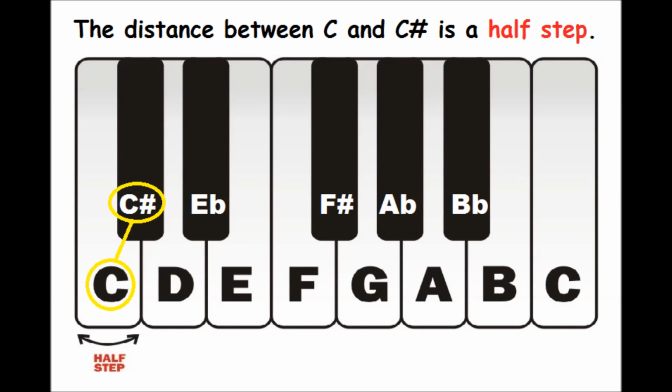For half steps, no key is skipped. So if we are on C and we move to C sharp, you guessed it, this is a half step. If we are on D and we move to D sharp, this is a half step.